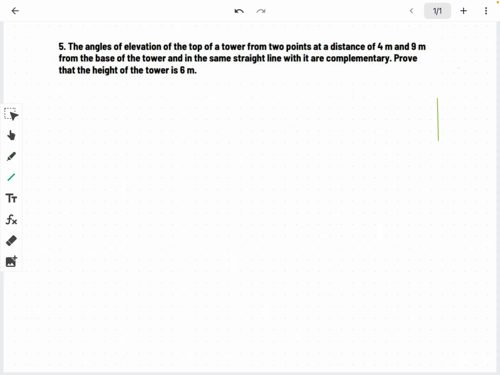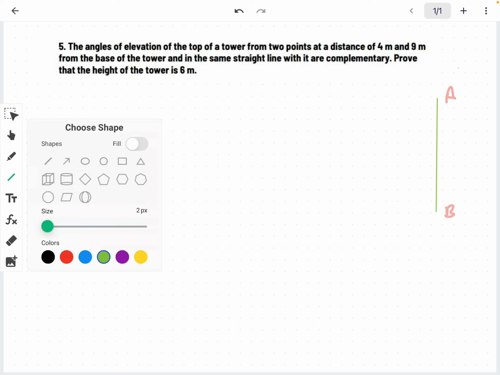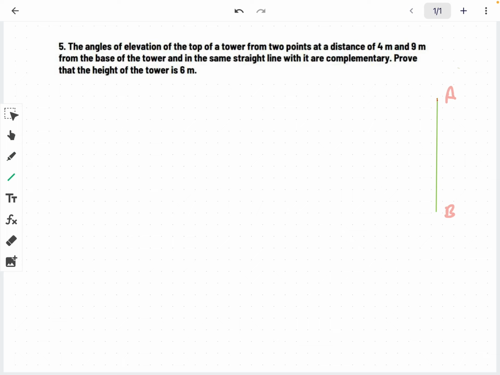So the tower is given. Suppose the tower is given as AB. Now from the top of the tower, we have 2 points mentioned in the statement.